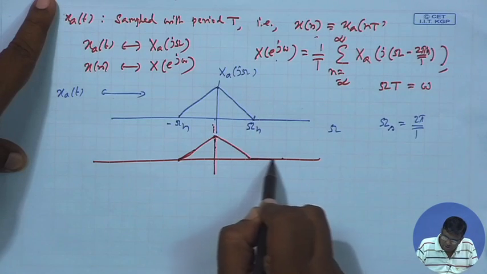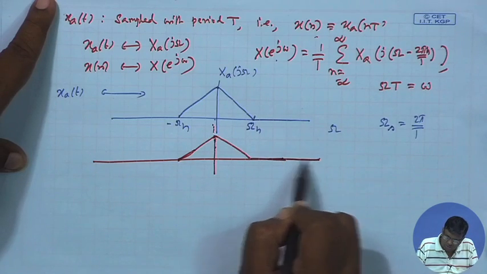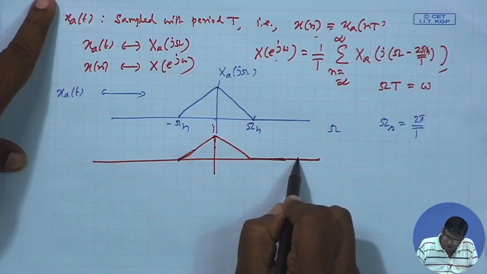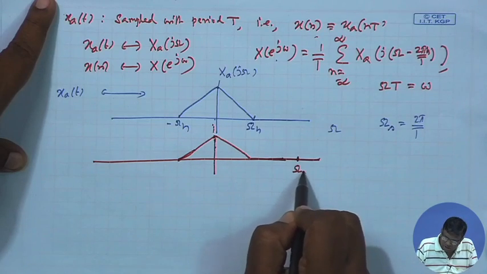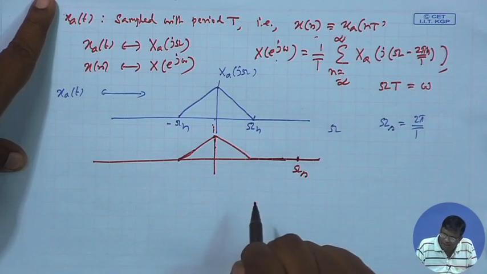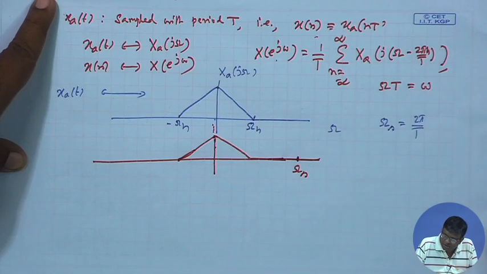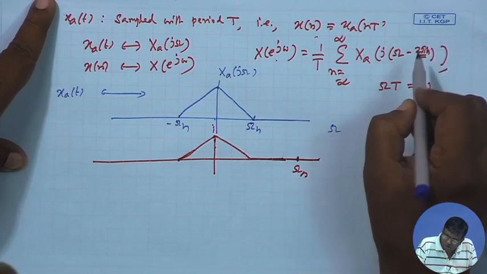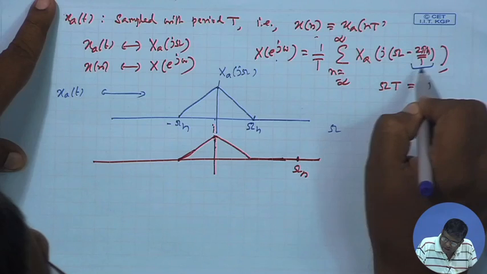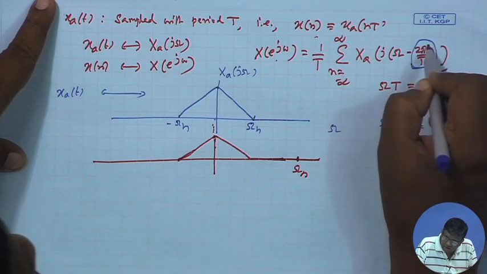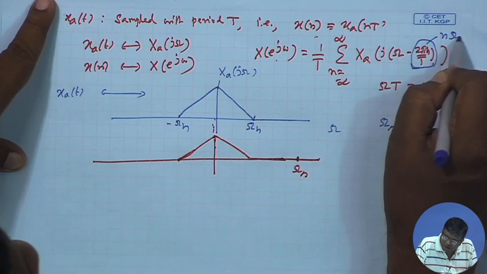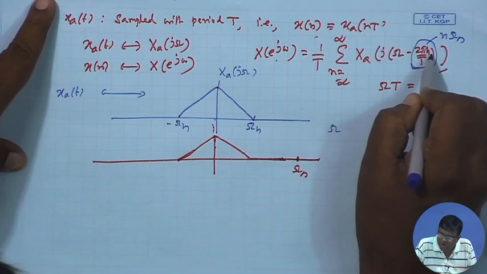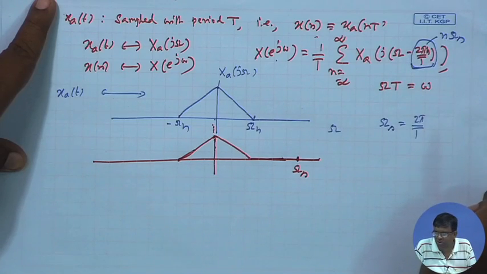Now, suppose my analog frequency omega s is nothing but n times omega s, 2 pi by T into n, where 2 pi by T is omega s, the sampling frequency, into n.